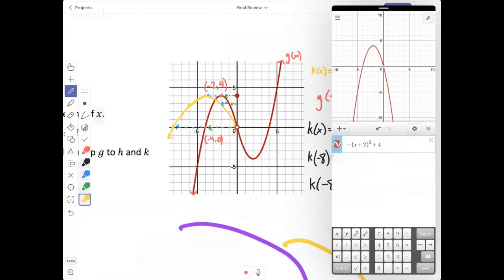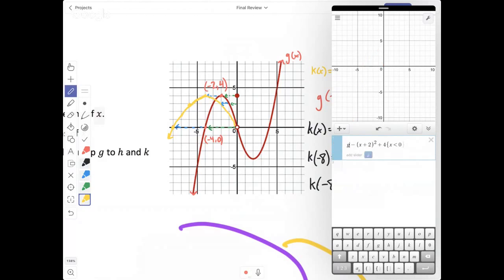So that was just the red part, right? And let's put it on just its domain, which was x less than 0. There it is. And let's call it g of x.